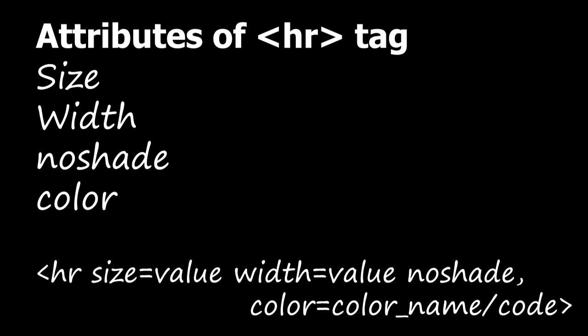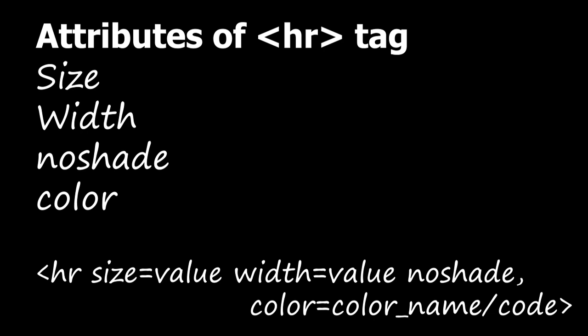Okay, and then the next one is width. Width means it will specify the horizontal width of the line, right? The default rule is drawn across the full width of the browser. That means from the left end till the right end it will be there, right? The value of the width attribute may be the exact width of the rule in pixels, or it can be a certain percentage of the screen, right?